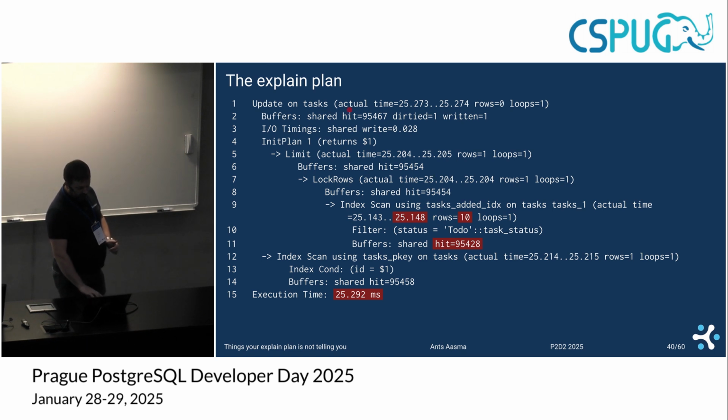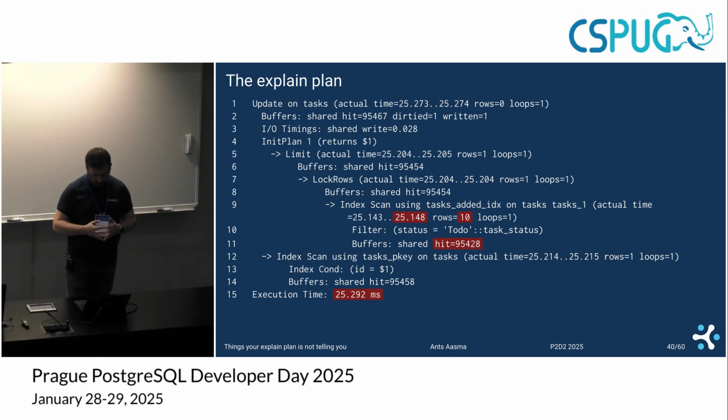We are updating our tasks, and to update, we need to get the one query that we are looking for. So this is doing an index scan in the tasks table. We are selecting 10 rows, and it takes 25 milliseconds to find those 10 rows. And even more curious, we are looking at about 800 megabytes of data to find 10 rows.